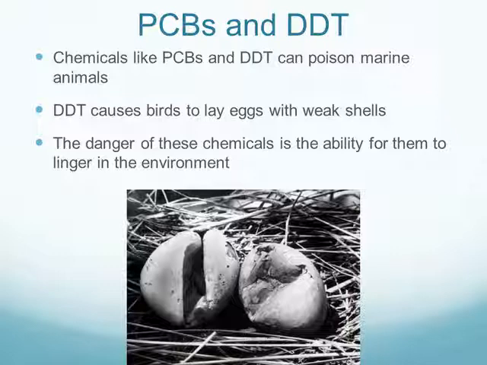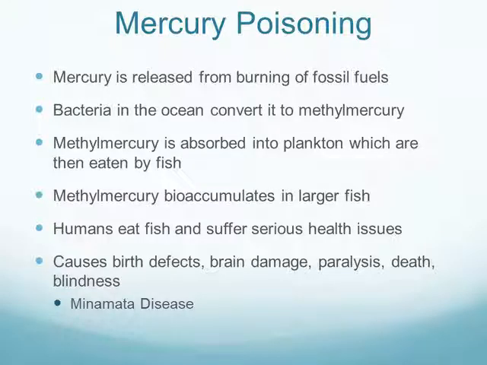But PCBs never degrade. It never leaves the environment. It just stays there, and it continues to wreak havoc on the environment. So that's the reason why chemical pollution is so pervasive and such a problem.